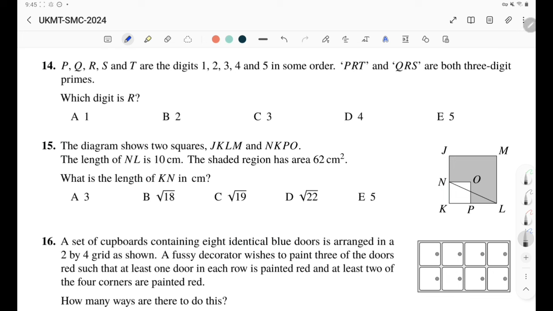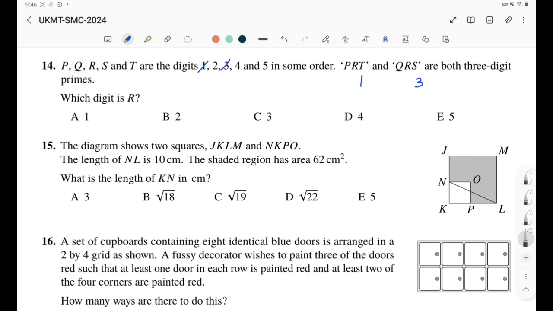So one of them is 1 and the other is 3. It doesn't really matter which one is which, because we can just swap them. We are just asked to find R, which is this. Okay, so we figured out the unit digits are 1 and 3. We can now cross these. Now we just have 2, 4, and 5. Okay, we need to figure these out now.